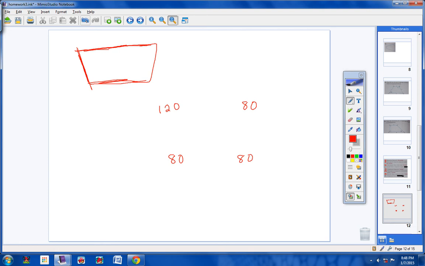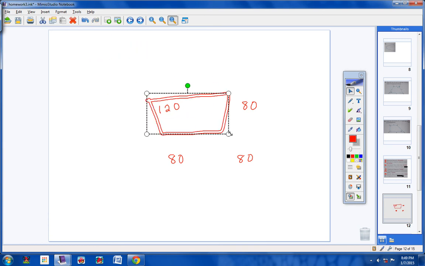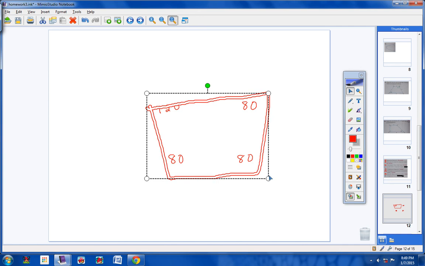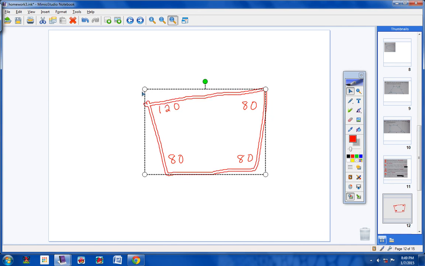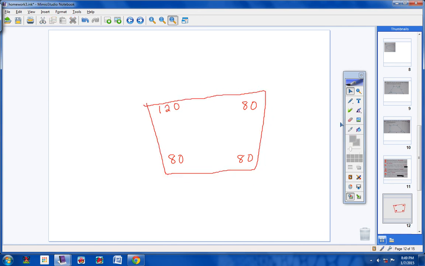If you were to pick up this whole object and move it down here and make it a little bigger so it fit around all these angles, there's still no way you'd have a trapezoid. If you're saying these two lines are parallel, then these two angles have to add up to 180, and they don't. If you're saying these two lines are parallel, then these two angles have to add up to 180, and they don't.